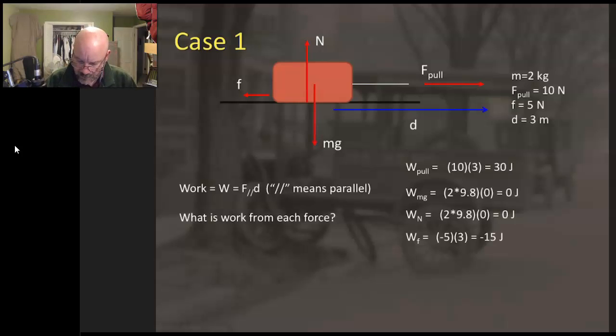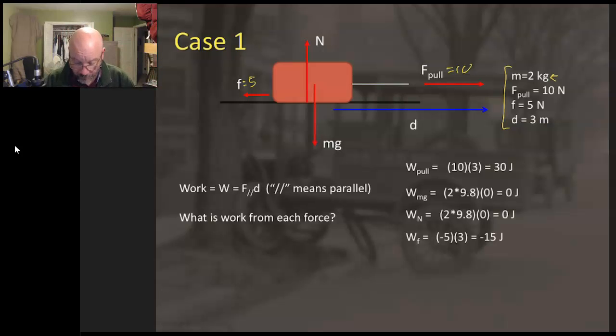All right, so here's our info right there. We've got the mass of the object. Our pulling force is 10. We're going to have some friction, and that's equal to 5. Now, that's not the coefficient of friction. That's just how much the friction is. We don't know what the coefficient of friction is here, but we know that if we had it, we would get 5.